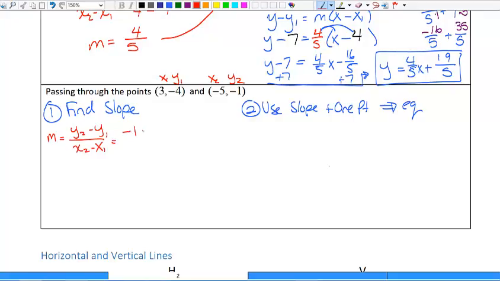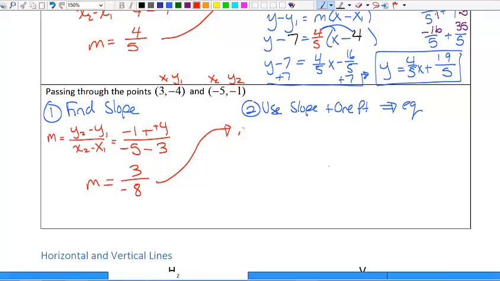So I have negative 1 minus y1, which happens to be negative 4, over x2, which is negative 5, minus x1, which is 3. Add a line, change a sign. I'm getting positive 3 on the numerator and negative 8 on the denominator.